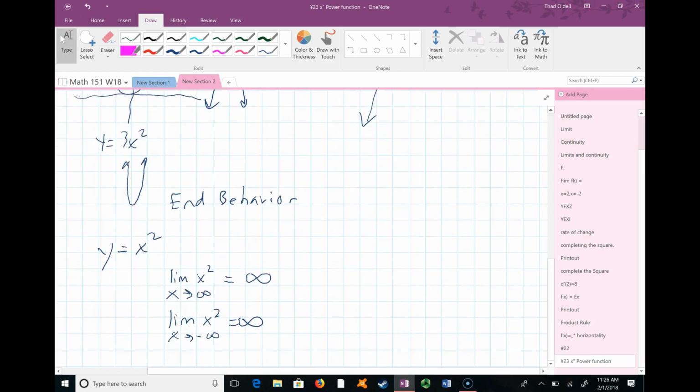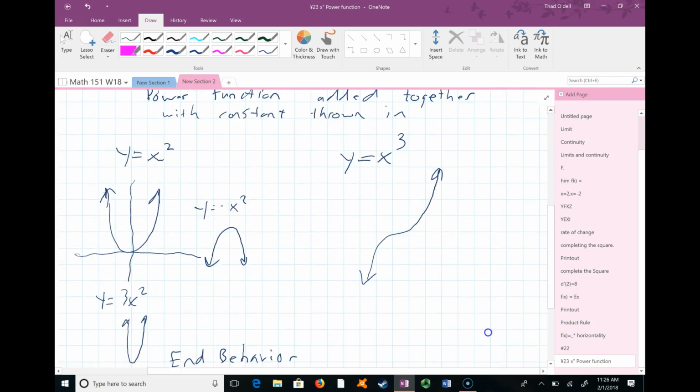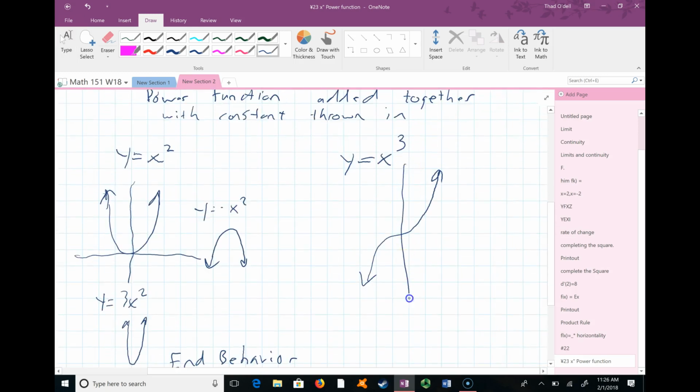Now compare that to y equals x cubed. The limit of x cubed as x approaches infinity, and the limit of x cubed as x approaches negative infinity. So if we look at that picture up there, let's put a little coordinate grid on here so we can think about that. As my x gets bigger and bigger, as I'm headed out this way, what are my y's doing?